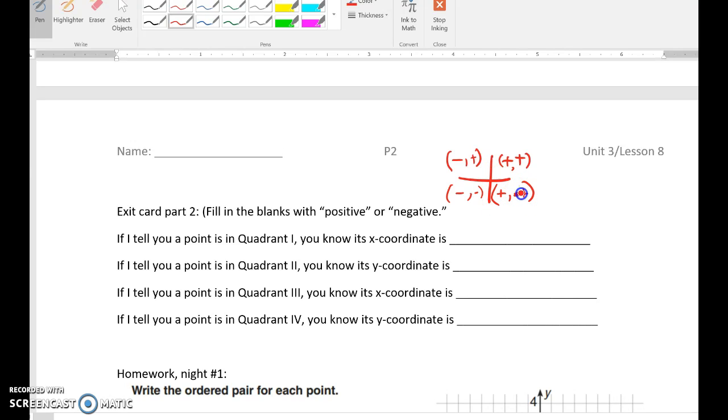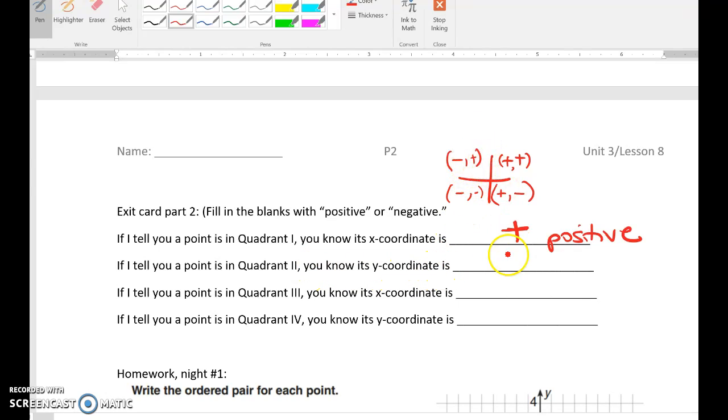Okay, so using that, it shouldn't be a plus, it should be a minus. Using this information, we should be able to very nicely generate answers. If I tell you a point is in quadrant 1, you know its x-coordinate is, well, I only see pluses there, so clearly I can just write positive. Okay. If I tell you a point is in quadrant 2, that's over here, you know its y-coordinate is, well, what's its y-coordinate?